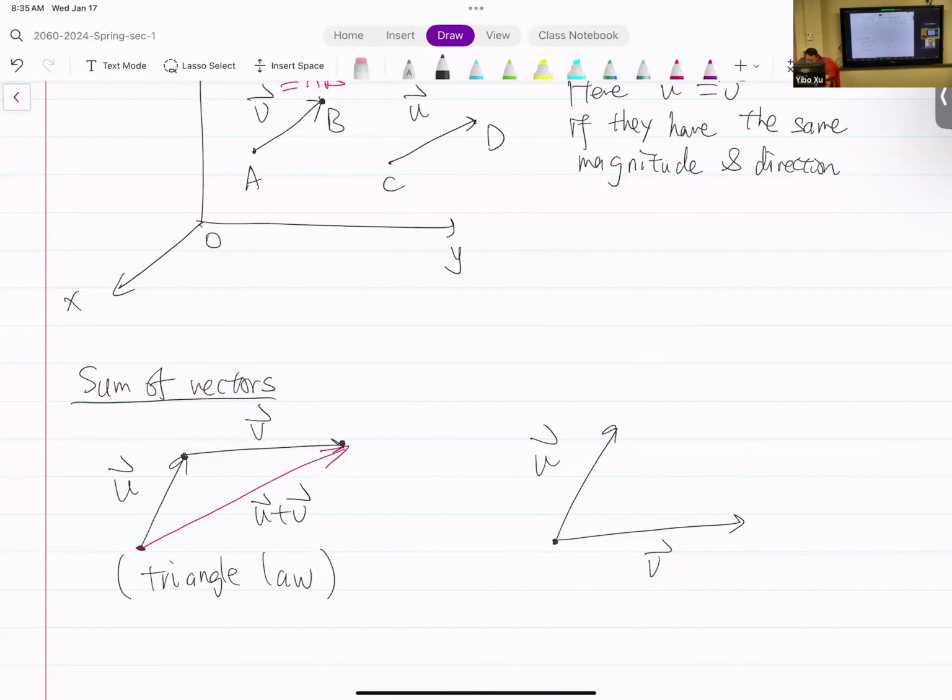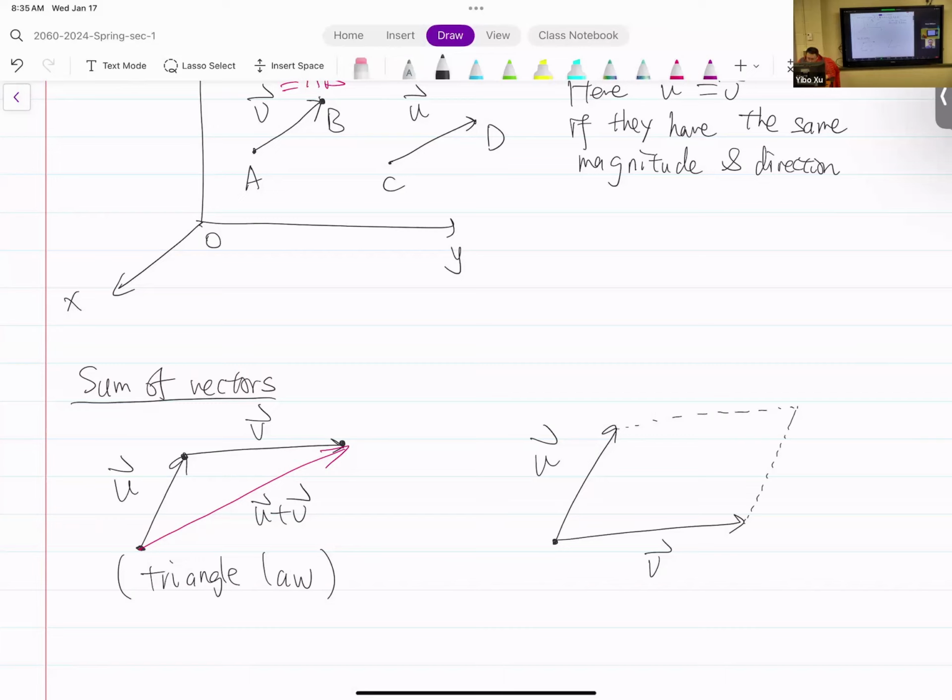So basically, what we do is we just establish the parallelogram based on these two edges. We draw the dashed line parallel to V, and then we start from the head of V. We draw the line that's parallel to U. Okay, so this will form the parallelogram.